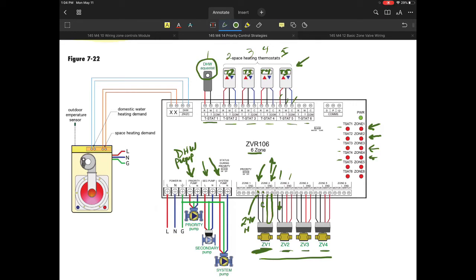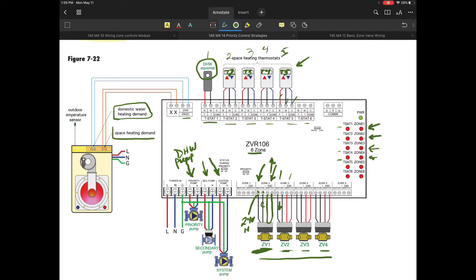We have a place to land all of the wires from a troubleshooting standpoint. This is super easy to identify the system. So it's really the way to go when you're doing zoning systems. And then of course the T1 or T-stat 1 is your domestic water. That's a simple one. You know that one has to go there.